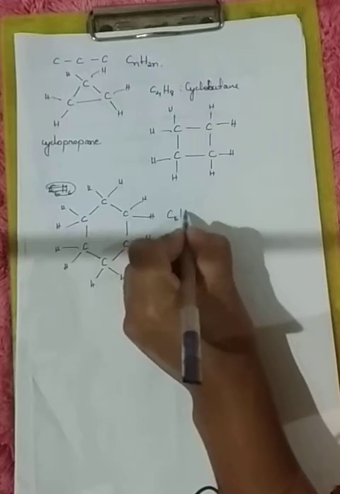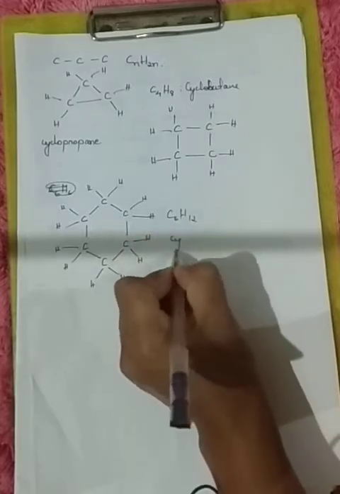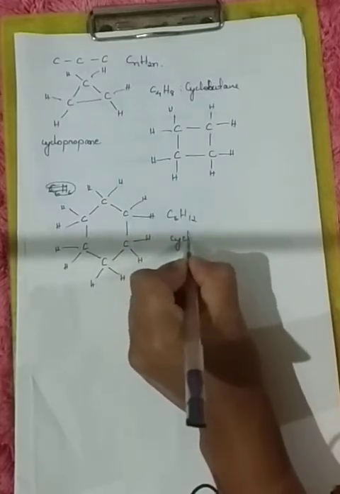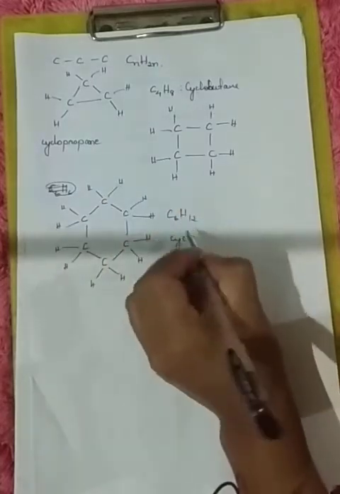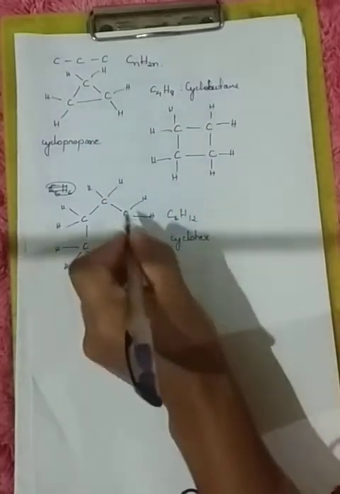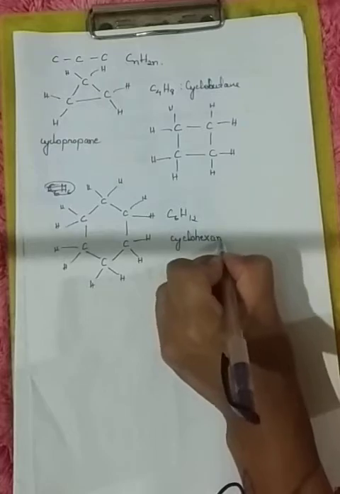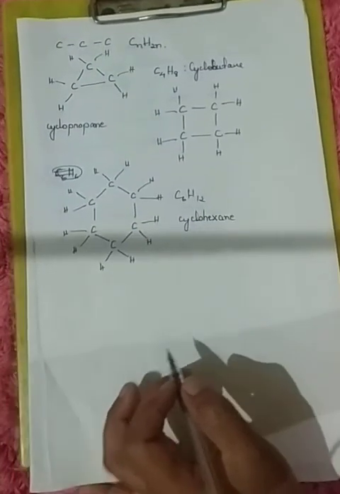This is C6H12. This is known as cyclo, 6 carbon atoms is hex, single bonded so ane: cyclohexane.